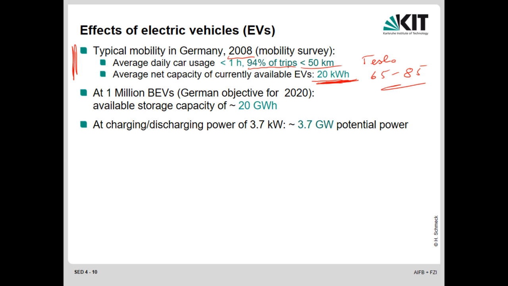And since the number of cycles that you need to travel over a certain distance is much smaller, you can actually afford to have a battery which is not offering you the same number of cycles as the smaller battery has to offer.